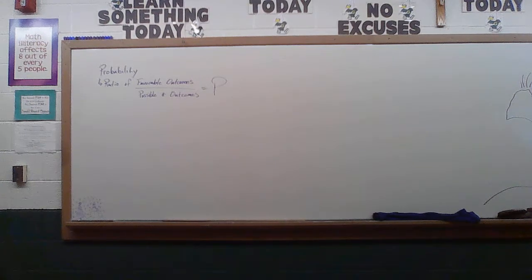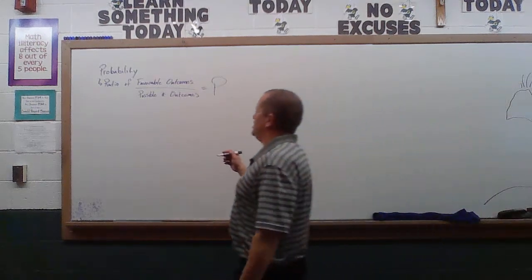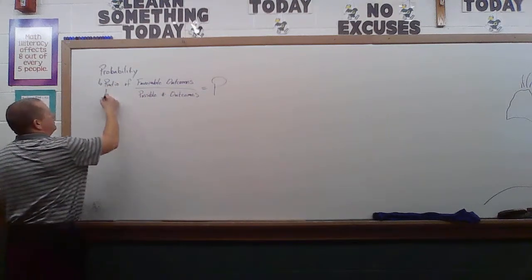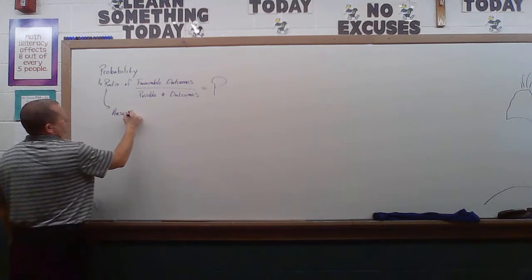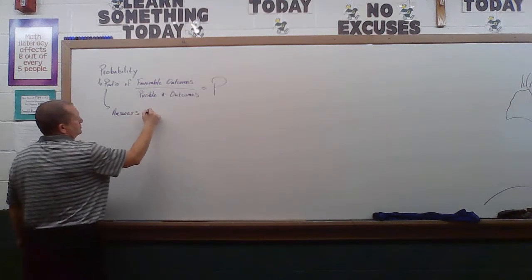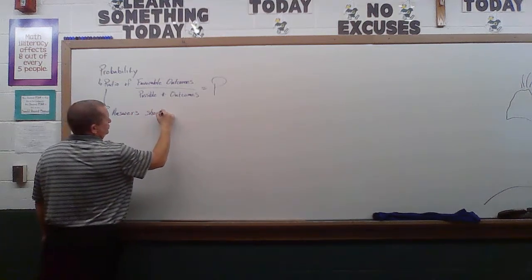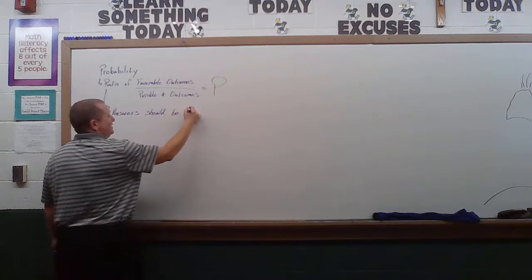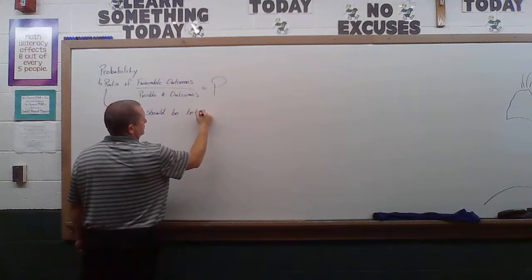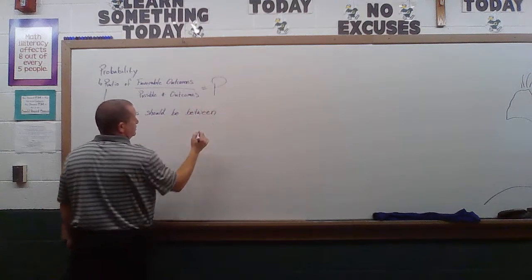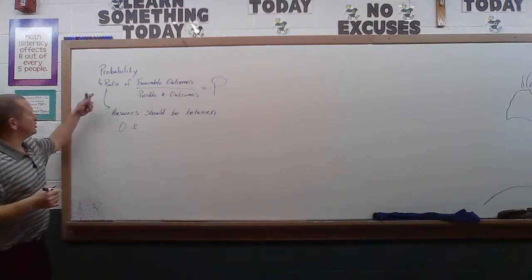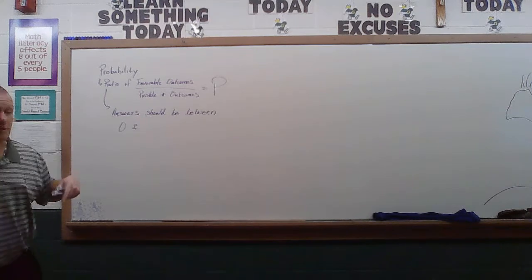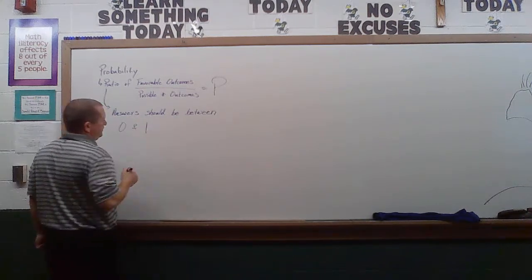So when you think about this, if I'm going to have a ratio, my answers should be where? My answers should be between what numbers? 0 and, if it's a ratio, it's got to be between 0 and what? 1, right? Okay?